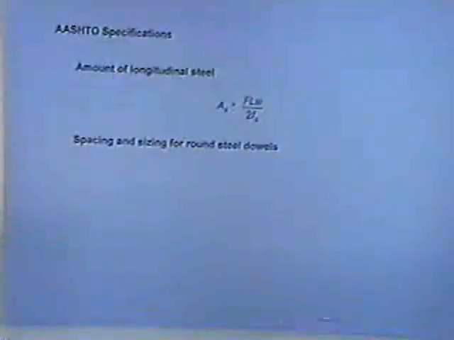AASHTO comes up with a set of design guidelines or specifications for calculating how much steel has to be in a particular pavement, the amount of longitudinal steel, and that's the cross-sectional area that's shown there. And AASHTO will also specify the spacing and the sizing for the steel dowels that are in reinforced pavements.